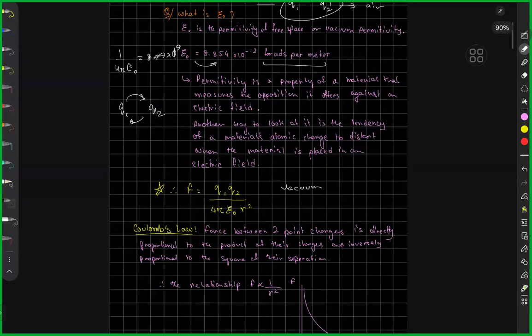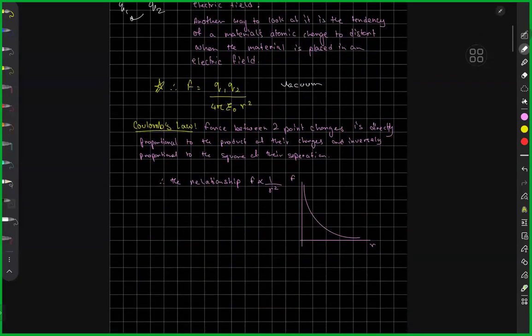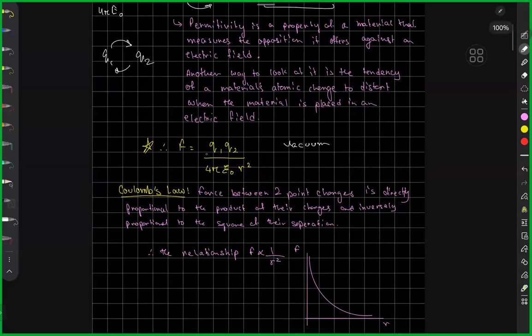So when I combine all of these together, I finally have F is equal to Q1 times Q2 divided by separation squared times 1 by 4 pi epsilon naught, which is the constant.